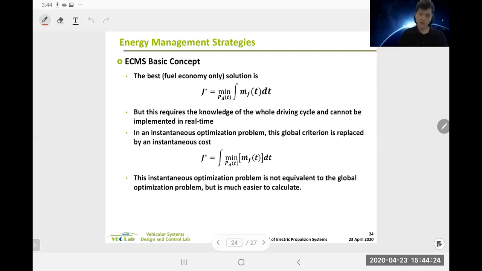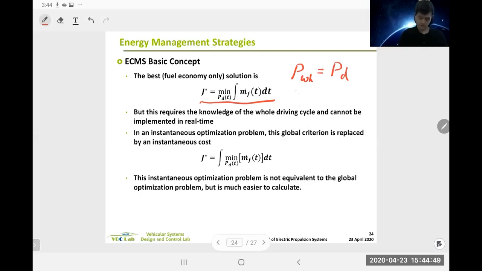The problem we are trying to solve is this. And then again, wheel power equals to power demand.